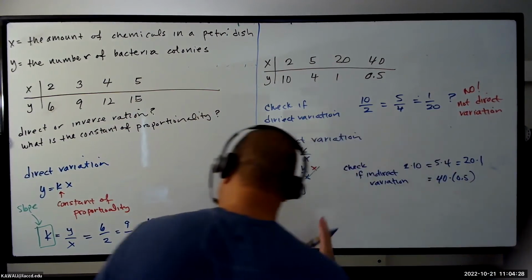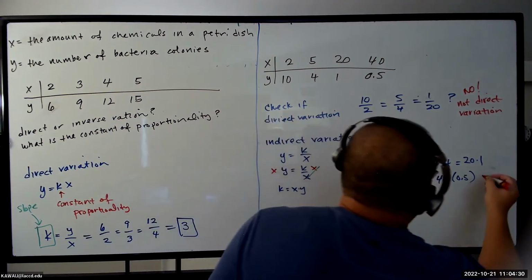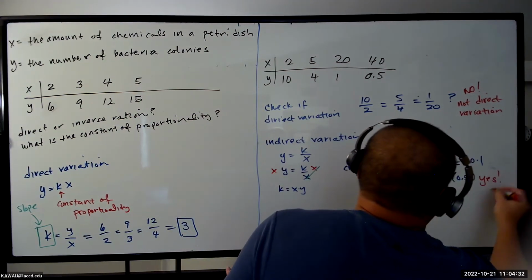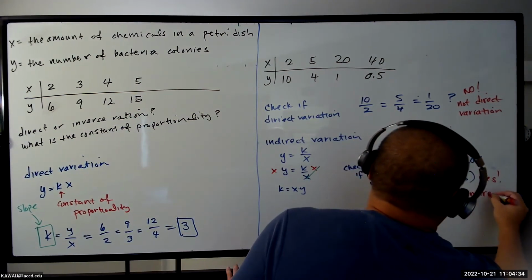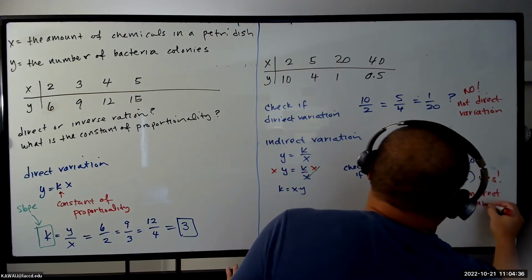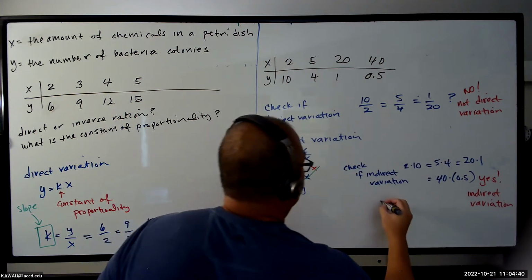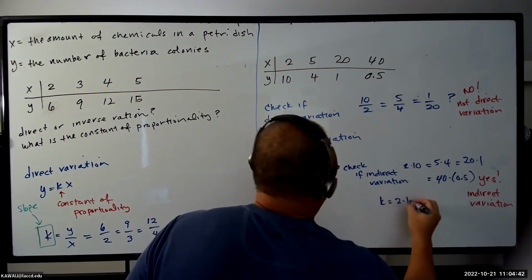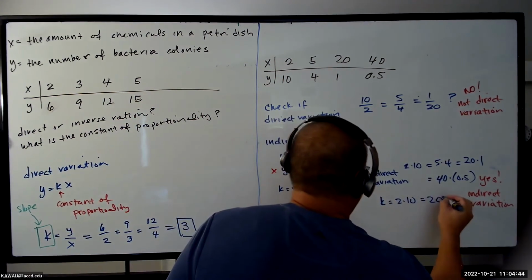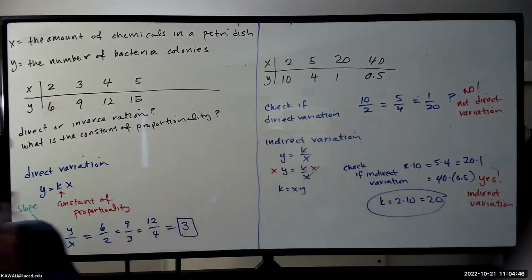And the answer is yes. Indirect variation. And our k is going to be equal to, just multiply any two columns and you get it.